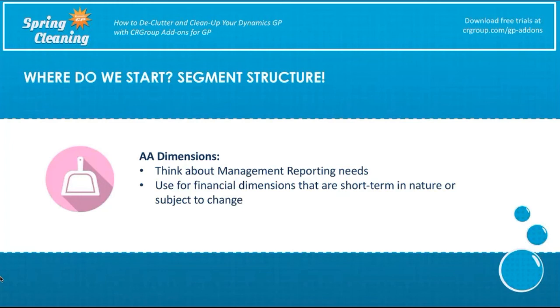If you do analytical accounting and you need to budget against analytical accounting, you're probably going to need our budget import tool, but you also need to recognize that it creates a second layer of budgeting, because now you have a GL budget that sits in the GL, and then you have this analytical accounting budget that sits in analytical accounting. So just be careful on the AA side that you've thought through the budgeting requirements before you press the button on that.